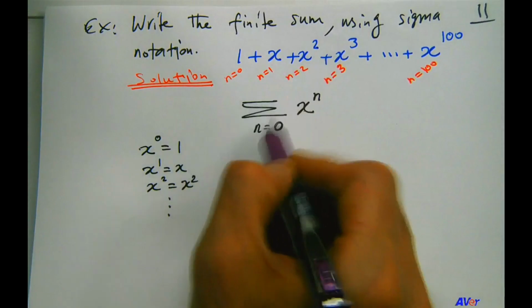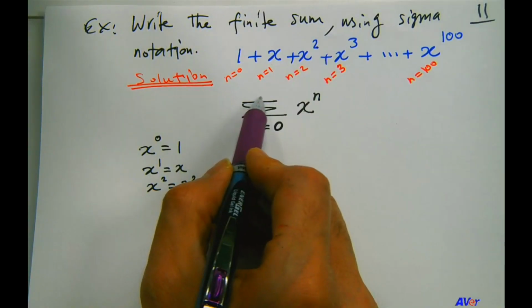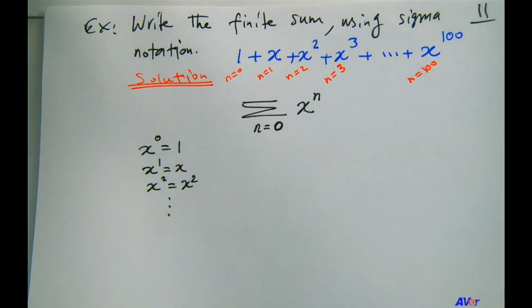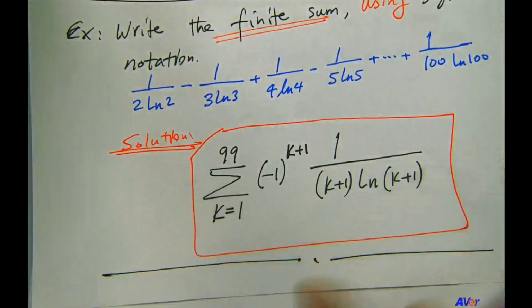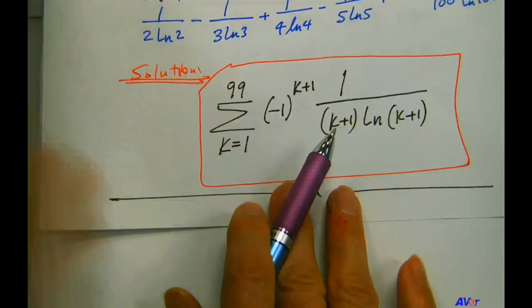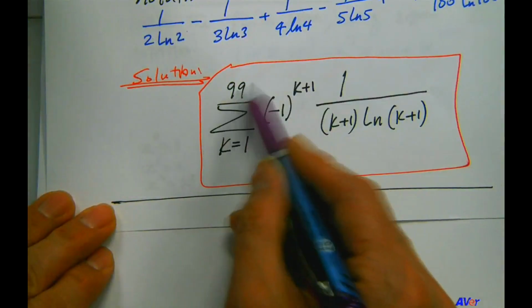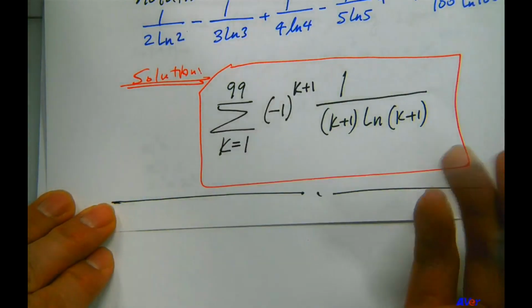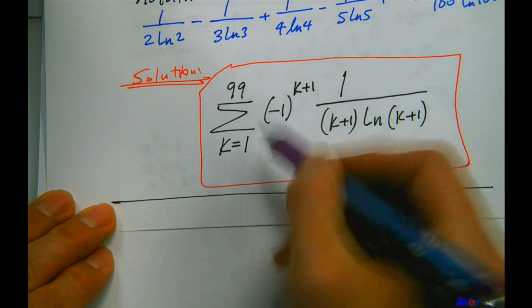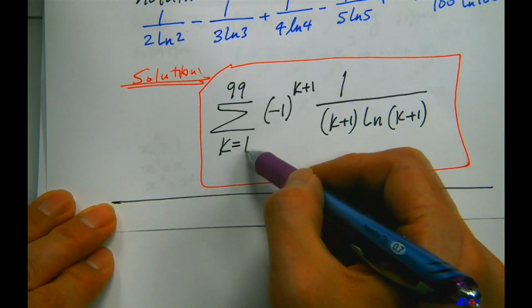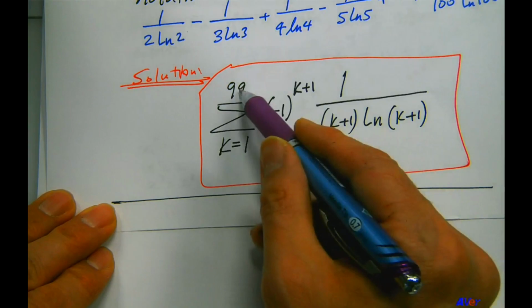Then, just like the previous example, we need to determine the lower and upper bounds of this sum. This is a partial sum. The lower bound was 1 in the previous problem, k starting from 1 and going all the way to 99.